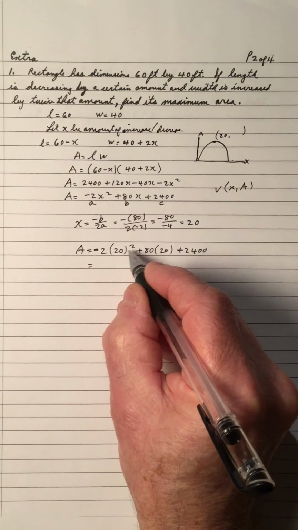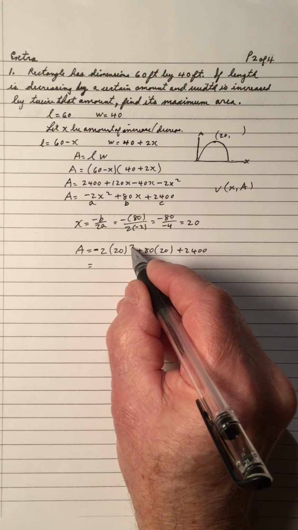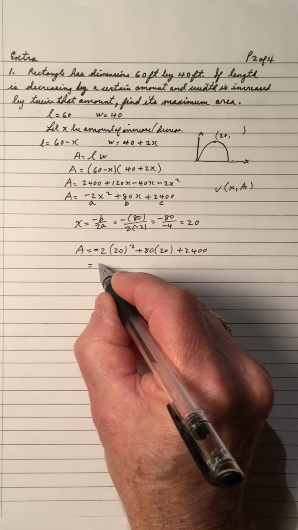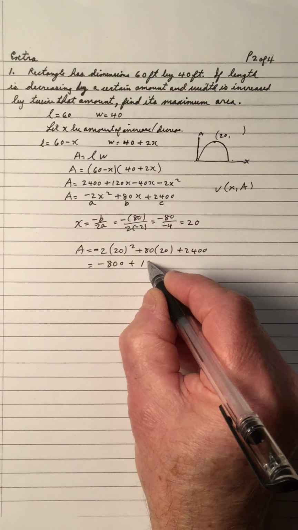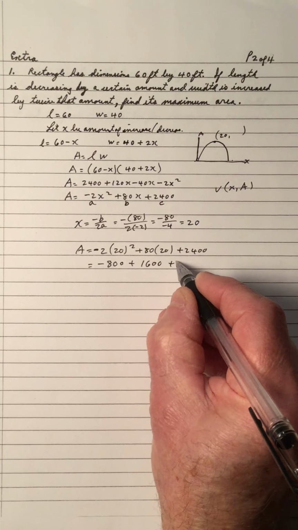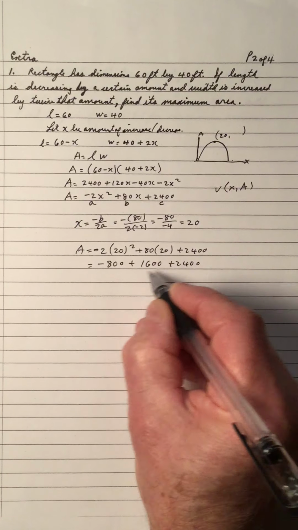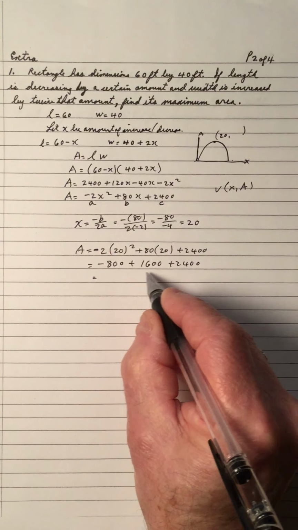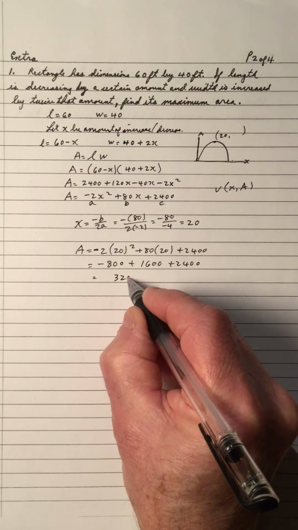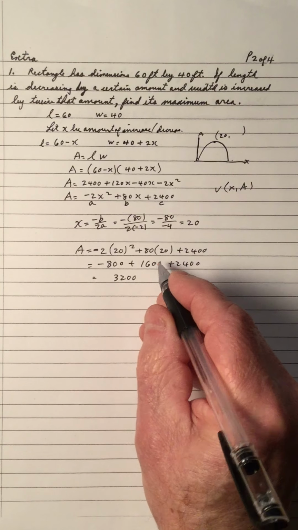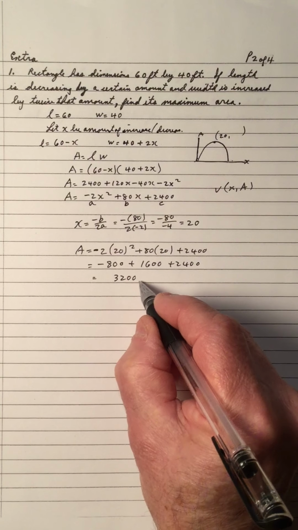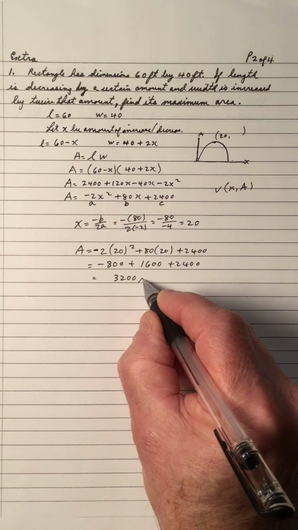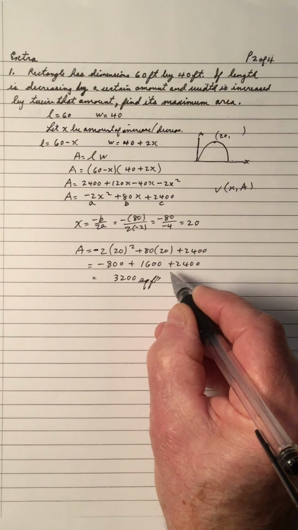So 20 squared is 400 times negative 2 is negative 800. 80 times 20 is 1600 plus 2,400, and that's 800. So all together added up is 3,200, the maximum area, and the area is in square feet.